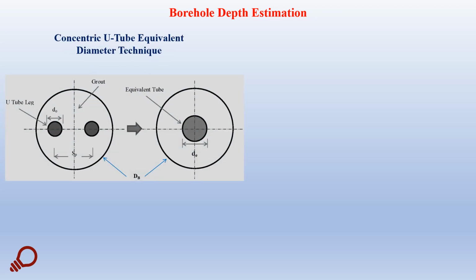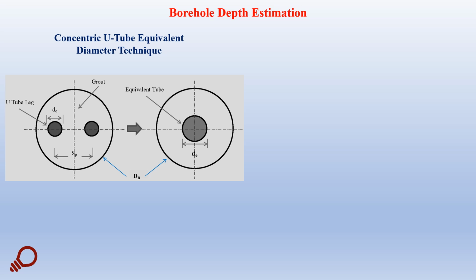We have the borehole depth estimation, which represents the major part of this episode. Let us consider that we have a borehole with a single U-tube as shown in the photo on the left-hand side, and the two sides of the U-tube are replaced by an equivalent diameter, which is called the equivalent diameter technique.